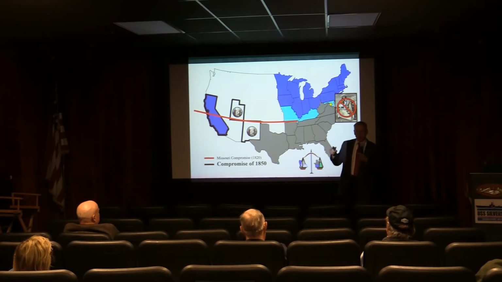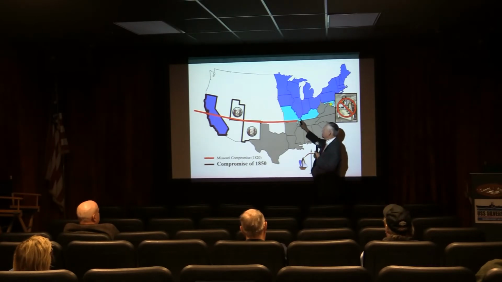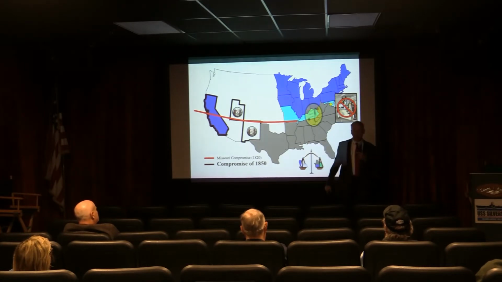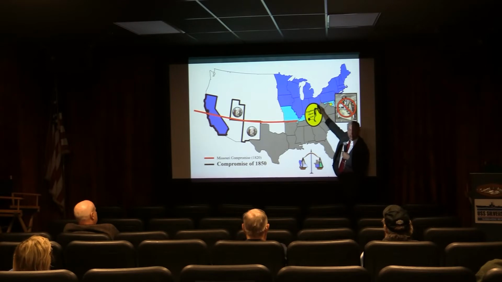For many, many years, slaves had run away from the South and gone to the North and made lives for themselves up north as free men. The South wanted them back. Congress passed what was known as the Fugitive Slave Act as part of the Compromise of 1850. And it quite simply said, if a slave is identified up north, no matter how long, there is no statute of limitations, they are to be returned to the South.